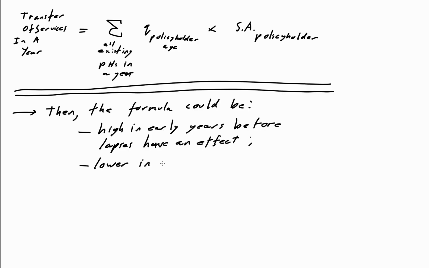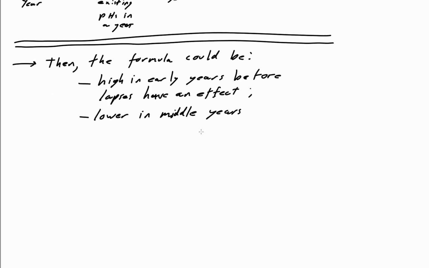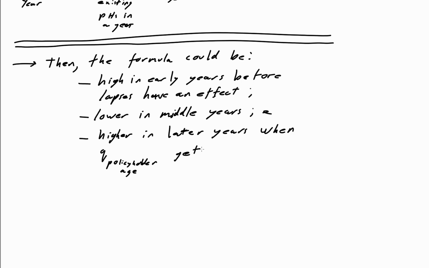Then it could be lower in middle years, and higher in later years when the Q as a function of policyholder age gets big.